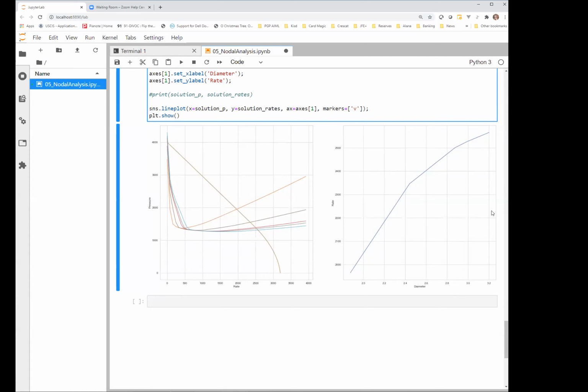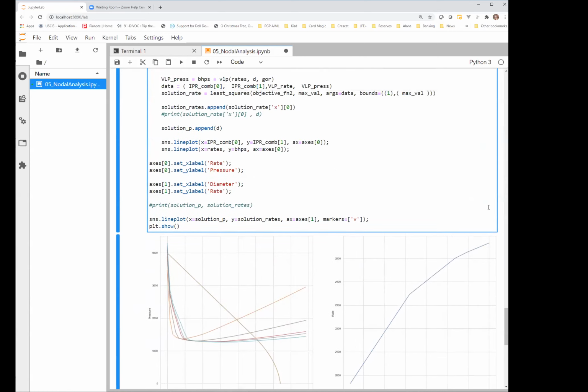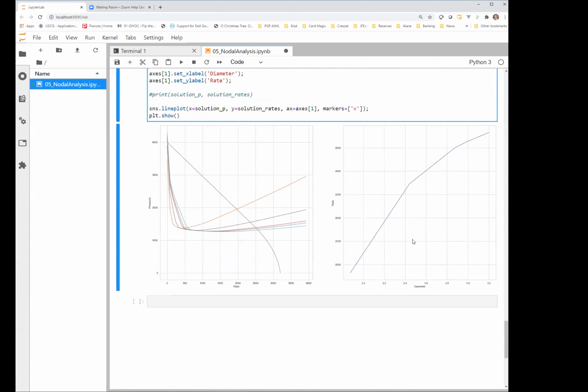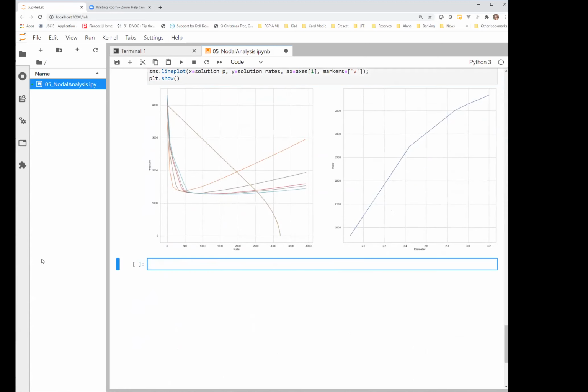So if my GOR is changing, if any condition, the reservoir is being depleted, the tubing itself is being deteriorated, these results may change. But at least we can see here from this procedure that everything is consistent, okay? So far, so good. Any questions to this point?